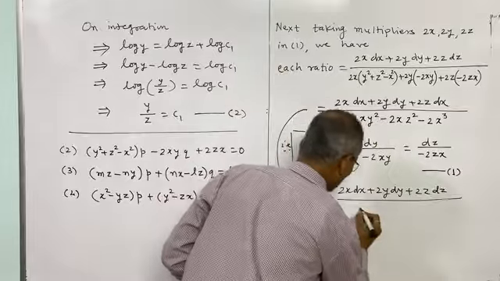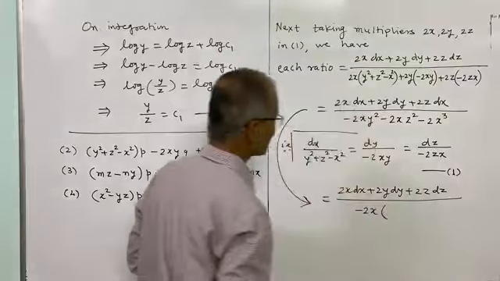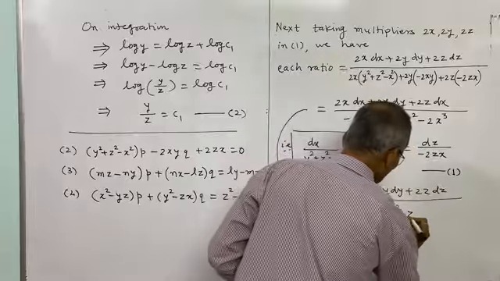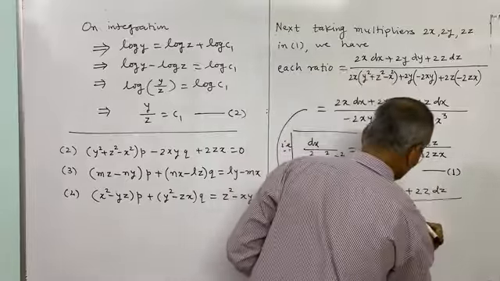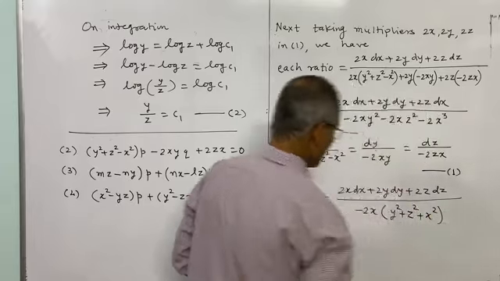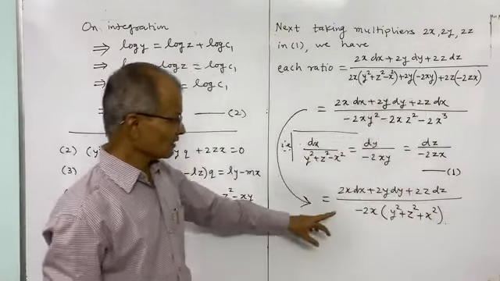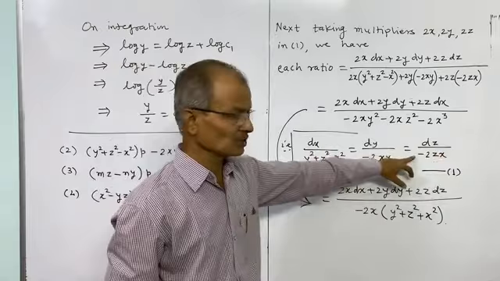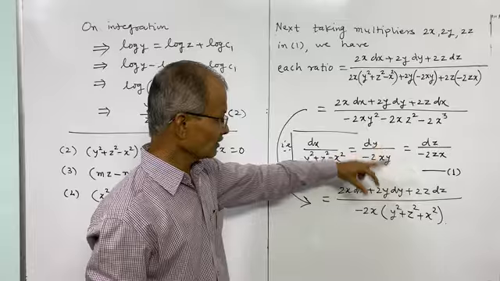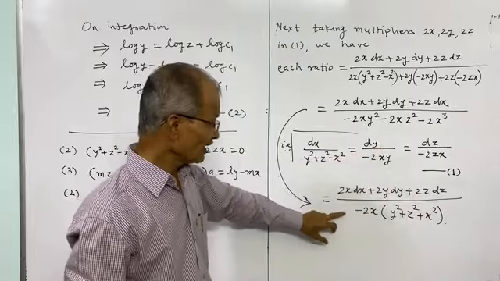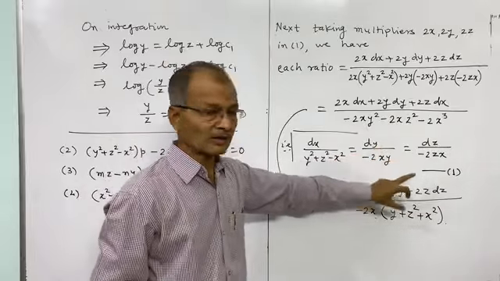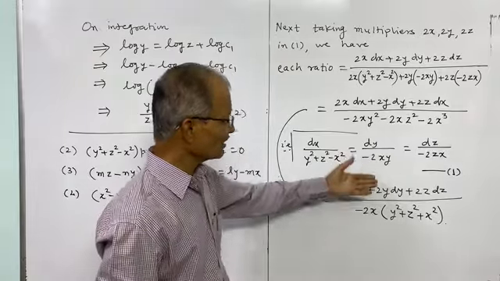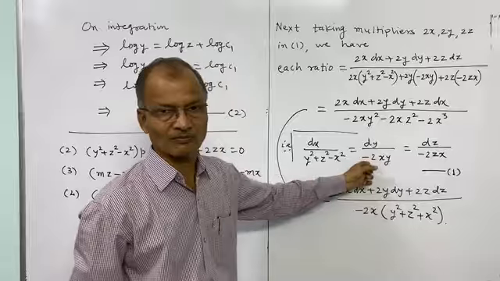So take negative 2x common, and in the bracket what remains is y square plus z square plus x square. Now we equate this ratio. Each ratio is equal. Earlier there were three ratios or three fractions, and all three are equal to this. So we equate this to the last fraction of 1, or it can be equated to the second fraction of 1.